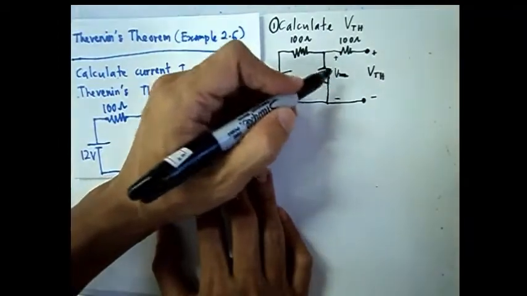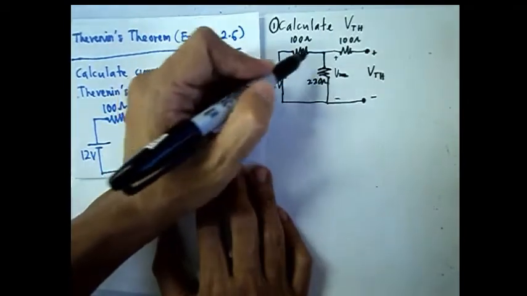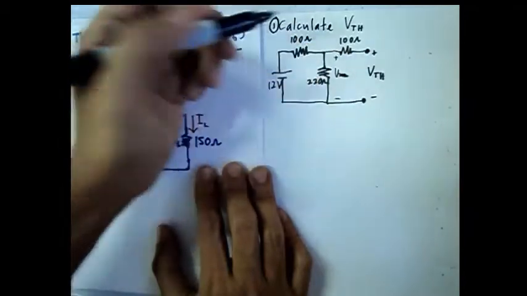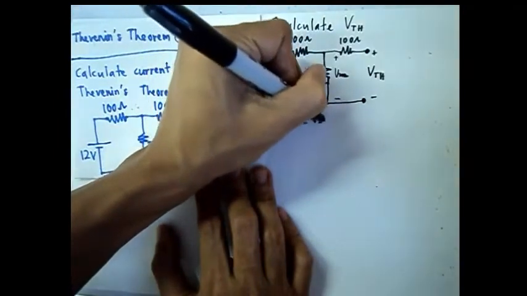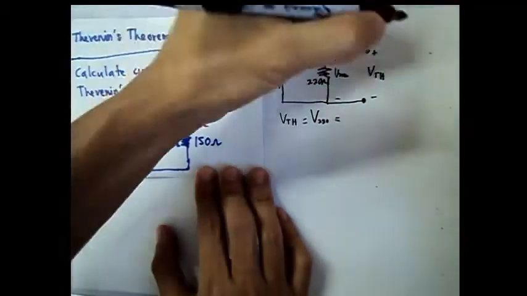Therefore this circuit, from a series-parallel circuit, now becomes a series circuit because no current will be flowing through the 100 ohm. So VTH is equal to the voltage drop across 220, which we get by applying the voltage divider rule.